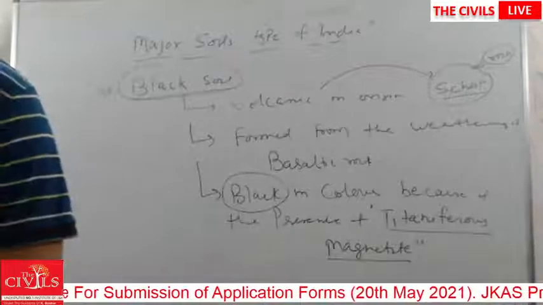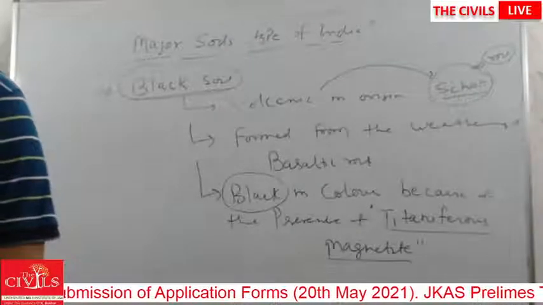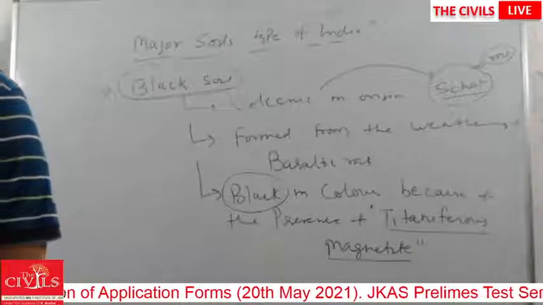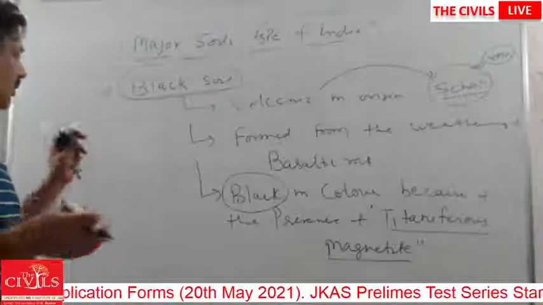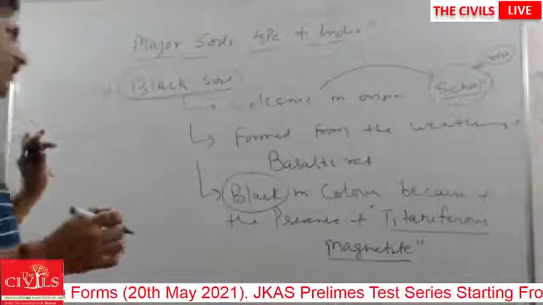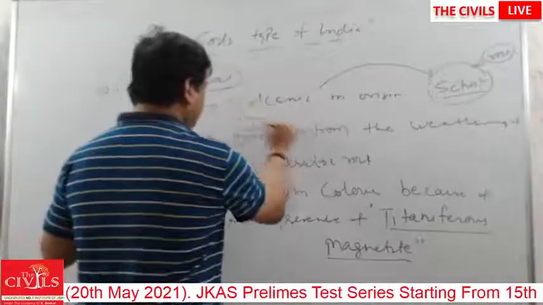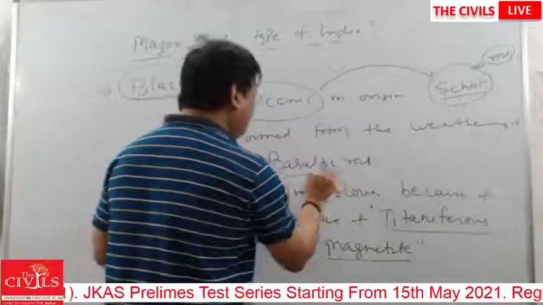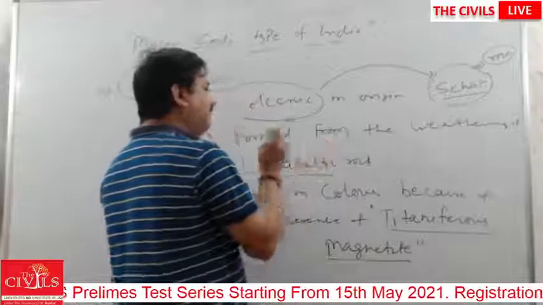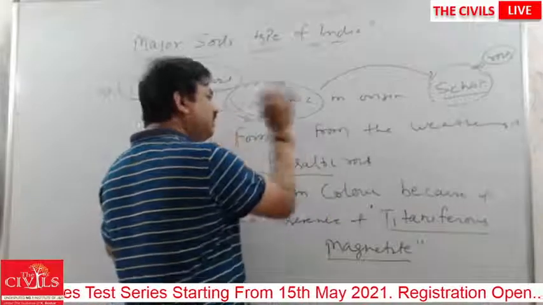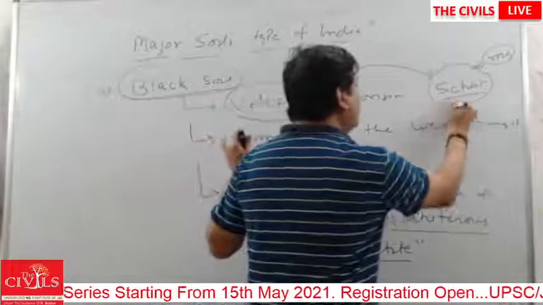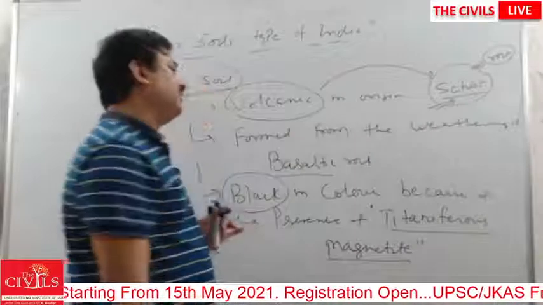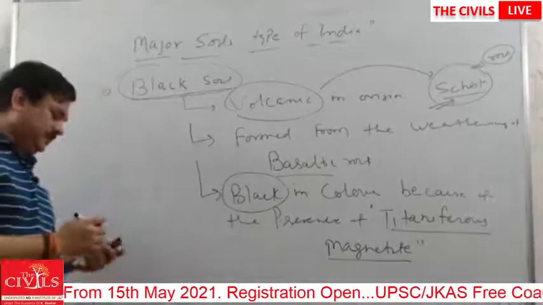So most of the black soil in India is volcanic in origin, formed from the weathering of basaltic rock, but some part is also formed from the decomposition of schist rock.